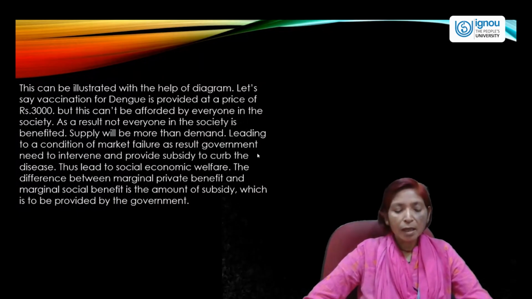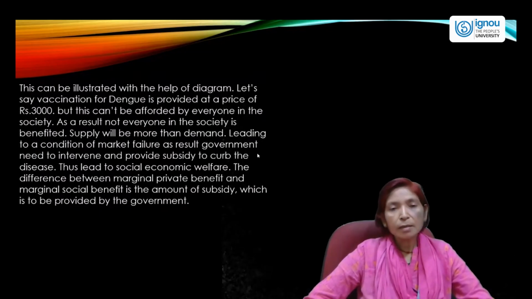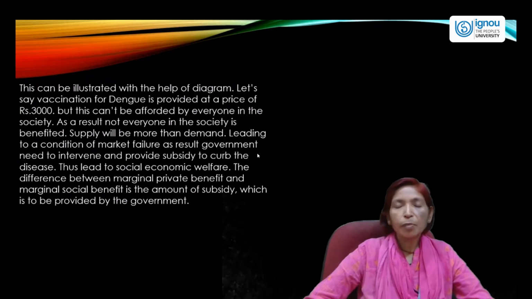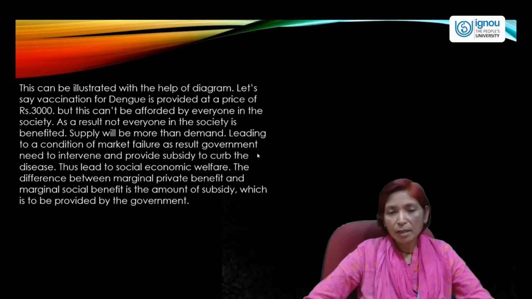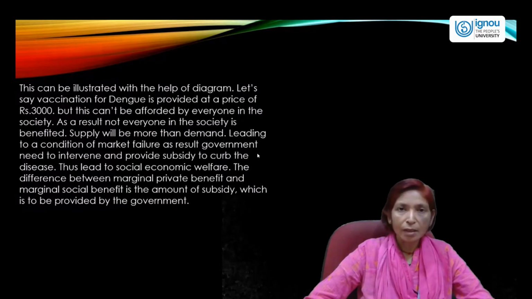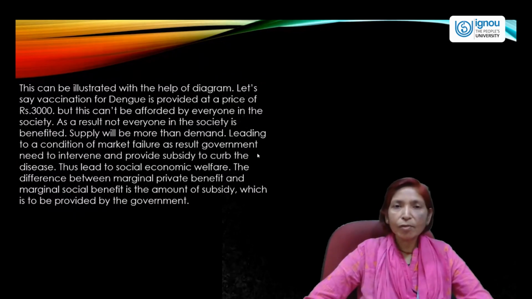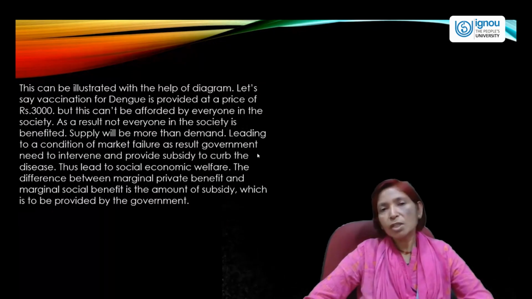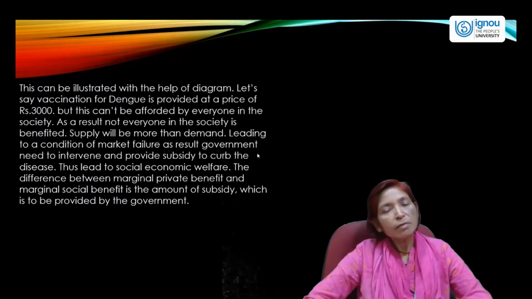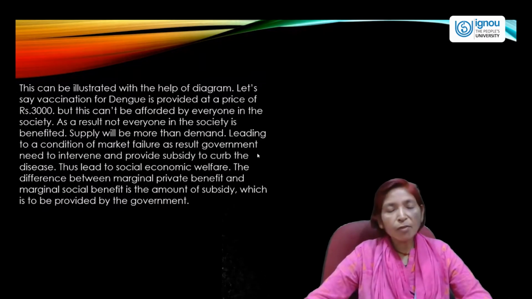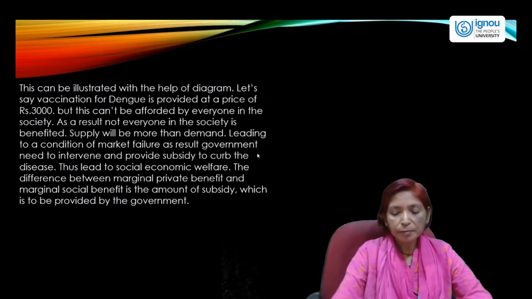So if the government intervenes in the market, it can solve the problem of negative externality and the effect of positive externality. Government intervention is necessary to solve the problem of externality, which is the main cause of market failure, and we can reach the equilibrium point with the help of government intervention.